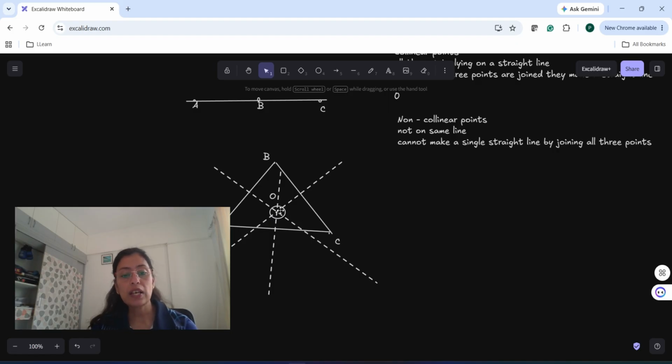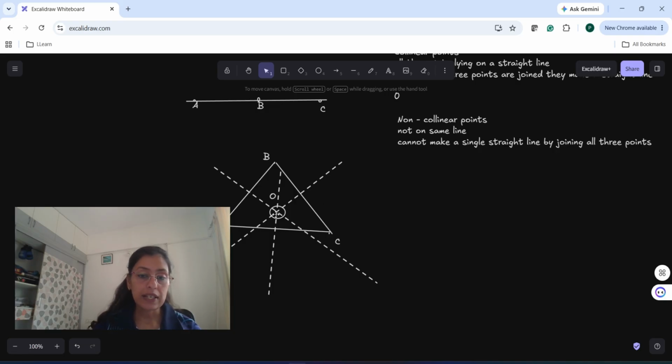I can use it as a center to draw a circle which has OA and OC as the radius. Now, similarly, this O is falling on the perpendicular bisector of AB, which means OA is equal to OB, right?